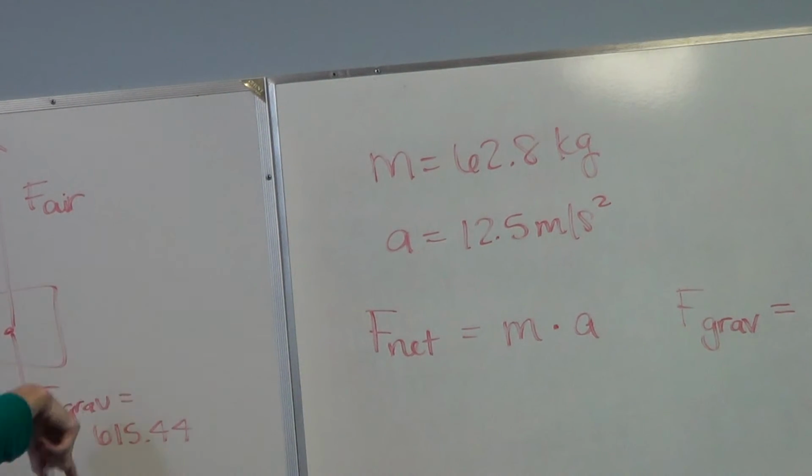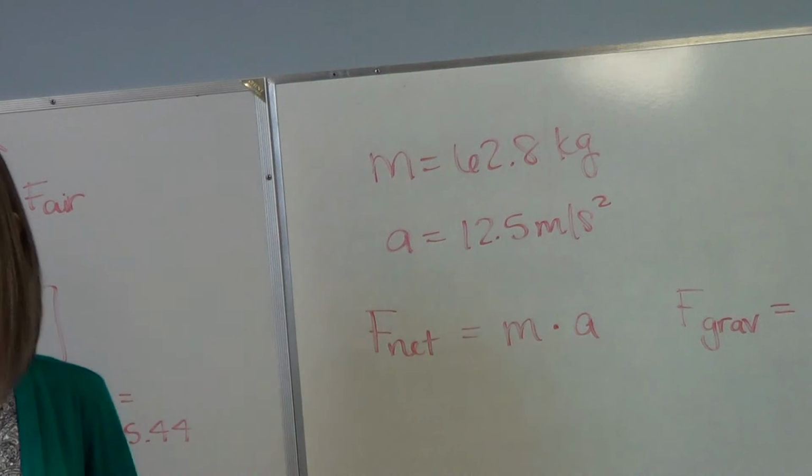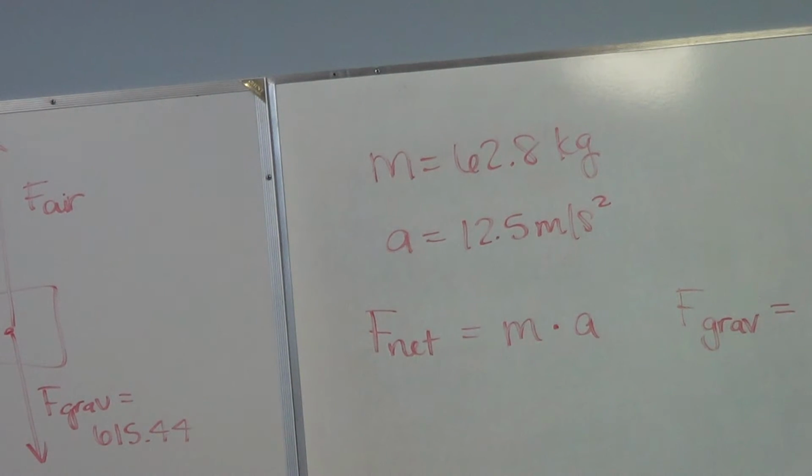But we know that the sum of the forces is your net force, or 785. So the net force would equal the air resistance minus the gravity. Right? Which would be what? 169.56.